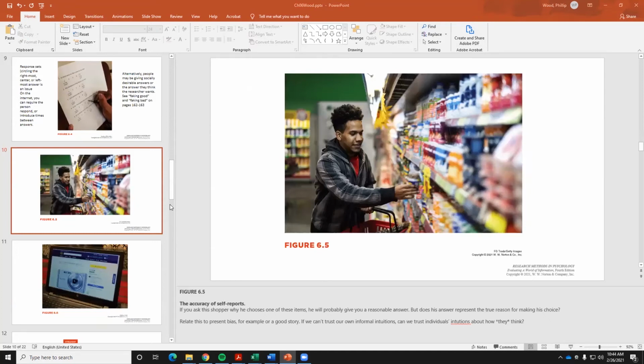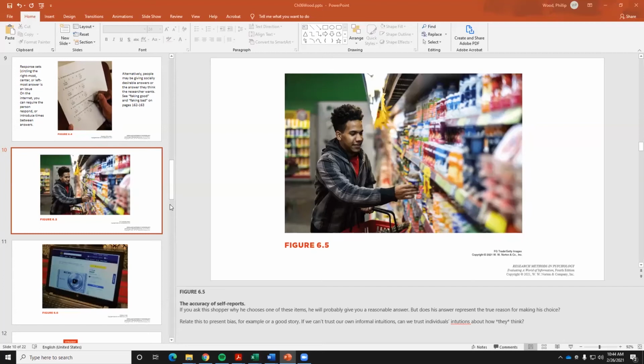Well, how should we think about how people explain their own behaviors? So cast back in your mind to the very first chapter in the Morling book, where a lot of hay was made about the fact that you should not trust your own personal experiences.